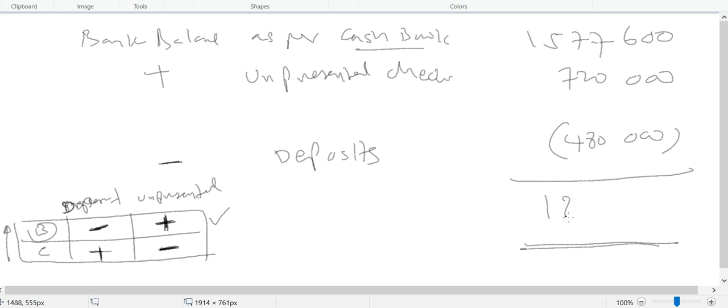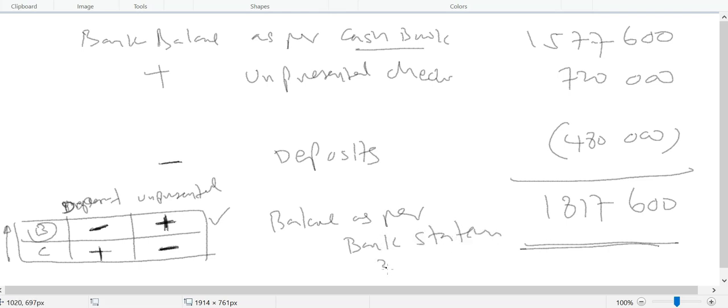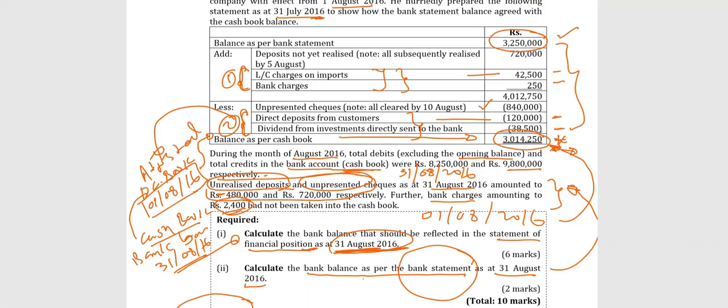So 1,817,600. This is balance as per bank statement as of 31st August 2016. So this is the answer for the second part. Is that clear?